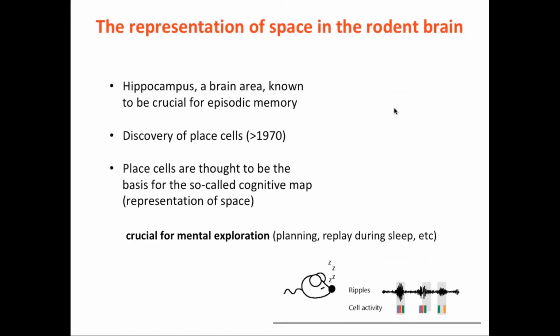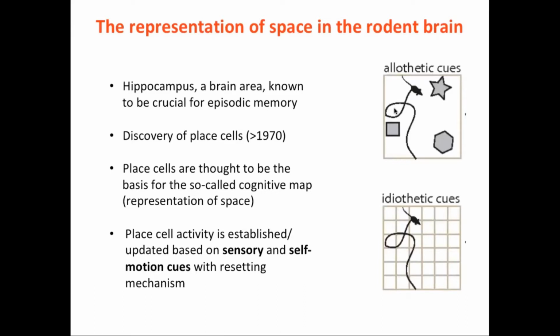So they are crucial for mental exploration, for instance, planning for future navigation, or also for replay during sleep. When an animal is immobile or sleeping, then on a very short, compressed time scale compared to physical motion, sequences of place cells are replayed, which correspond to possible trajectories in space, preceding a displacement, for instance.